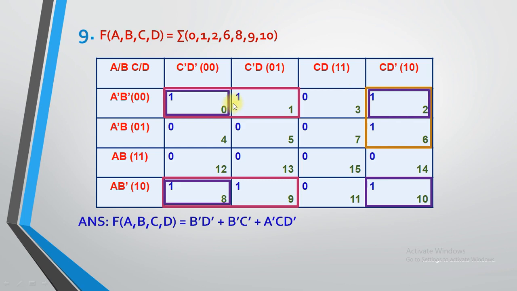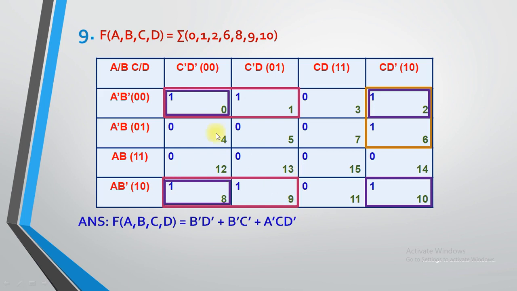So first of all, let us create the group of the yellow box which contains 2 and 6 as cell numbers. The second group is related to the cell numbers 0, 1, 8, 9. Why 0, 1, 8, 9? Because it is a corner portion.